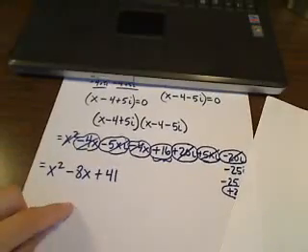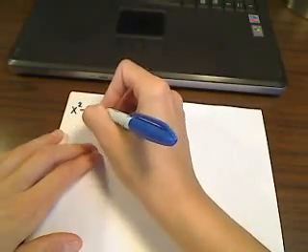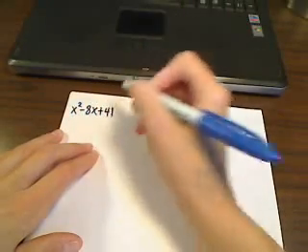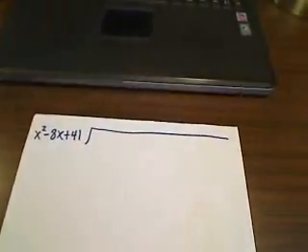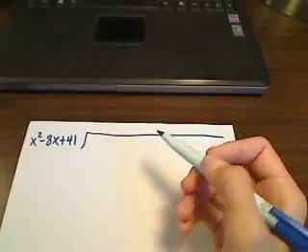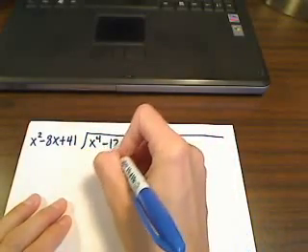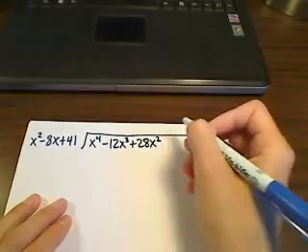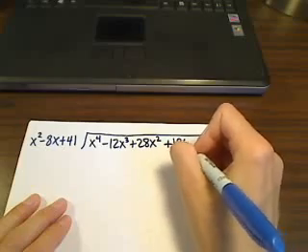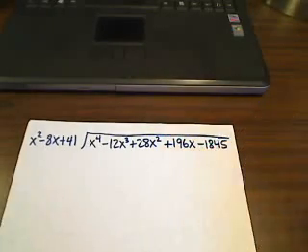We're taking x squared minus 8x plus 41 and we're going to long divide that into this big, long polynomial: x to the fourth minus 12x cubed plus 28x squared plus 196x minus 1845.